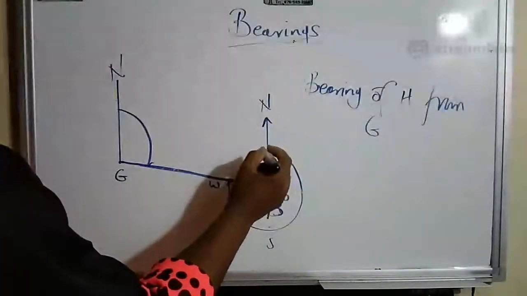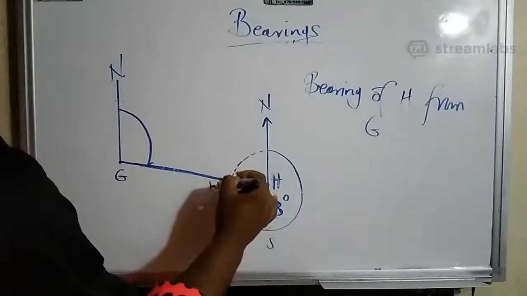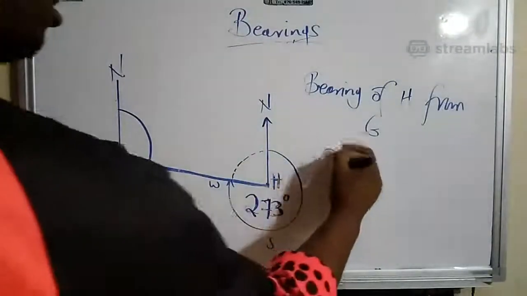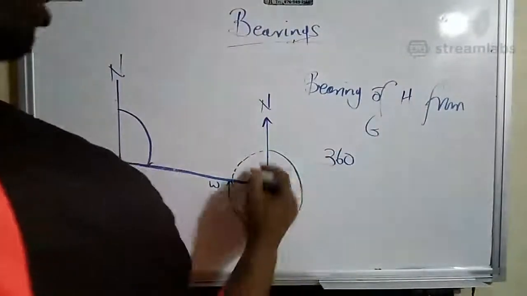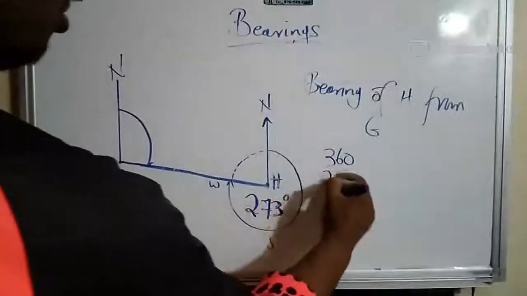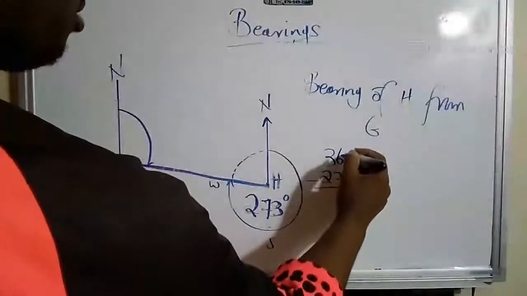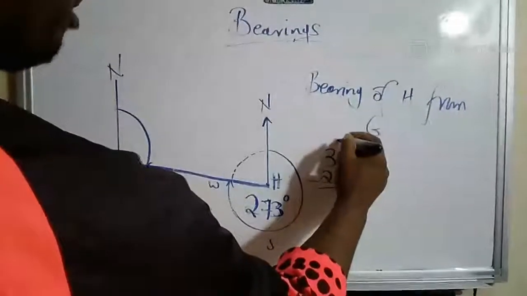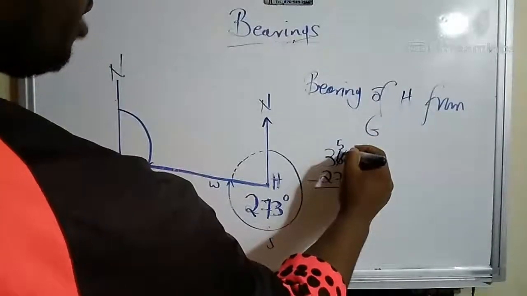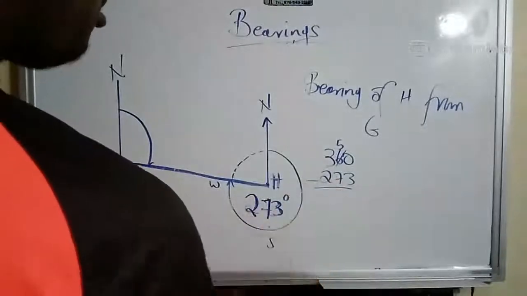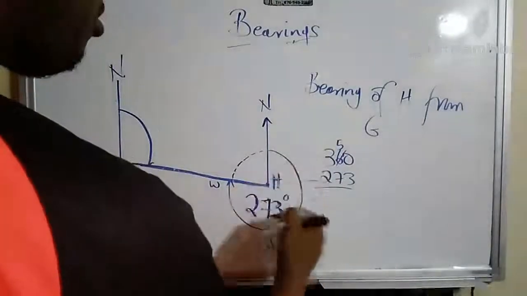Alright, so what we know about angles at a point: if the circle had gone entirely around, it would be what? 360. So this would be 360 minus the 273. So 3 from 0 you can't, so you borrow 1 from your neighbor. So you leave your neighbor with 5 and you borrow 10.